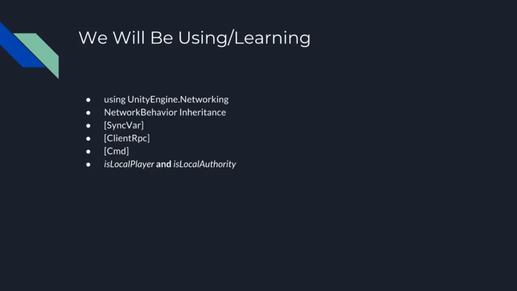NetworkBehaviour is a subset of MonoBehaviour, so you'll still have all the MonoBehaviour stuff, you just will have NetworkBehaviour also. Then there are SyncVars, ClientRpcs, Commands, and then what I talked about, isLocalPlayer and hasAuthority stuff.